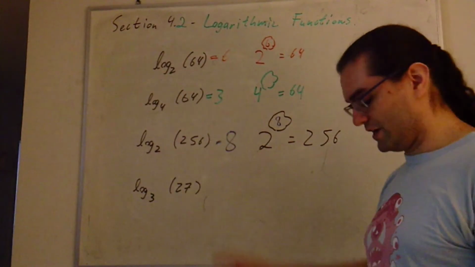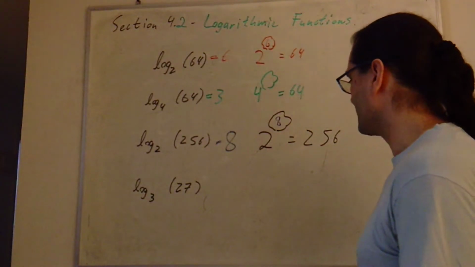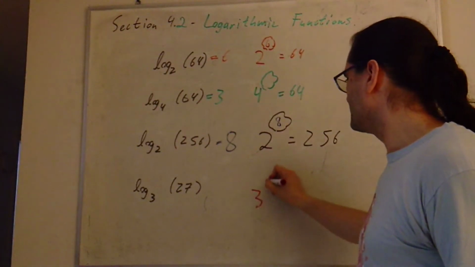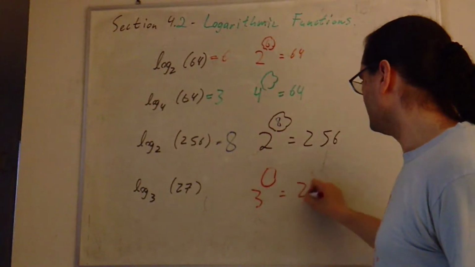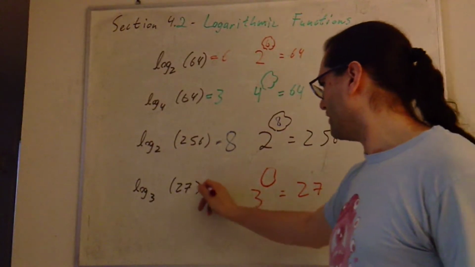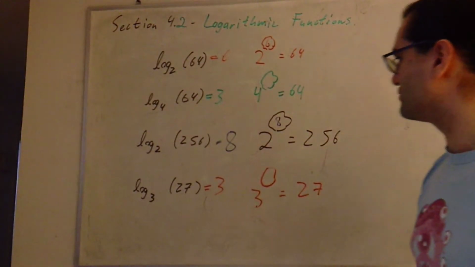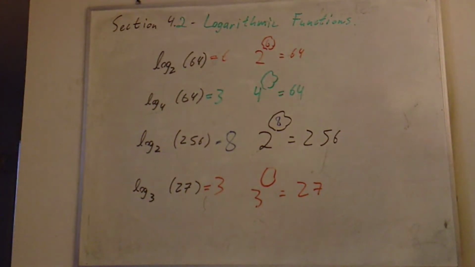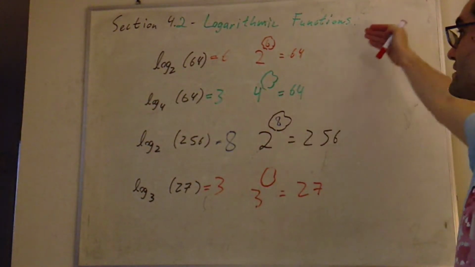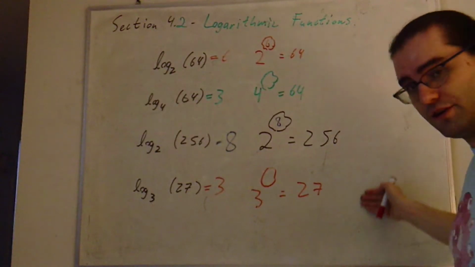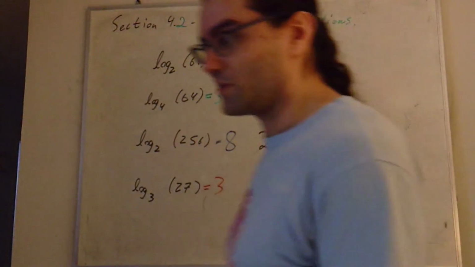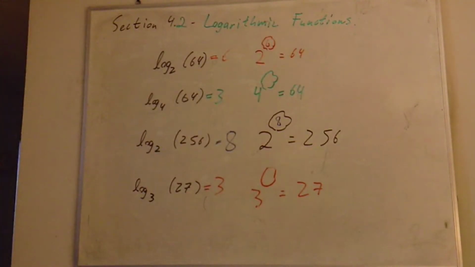And then this one right here is the same thing. 3 to what power gets you 27? And I hope we all recognize that 3 cubed will give you 27. This is basic logarithms. Now we're going to talk about weird logarithms.